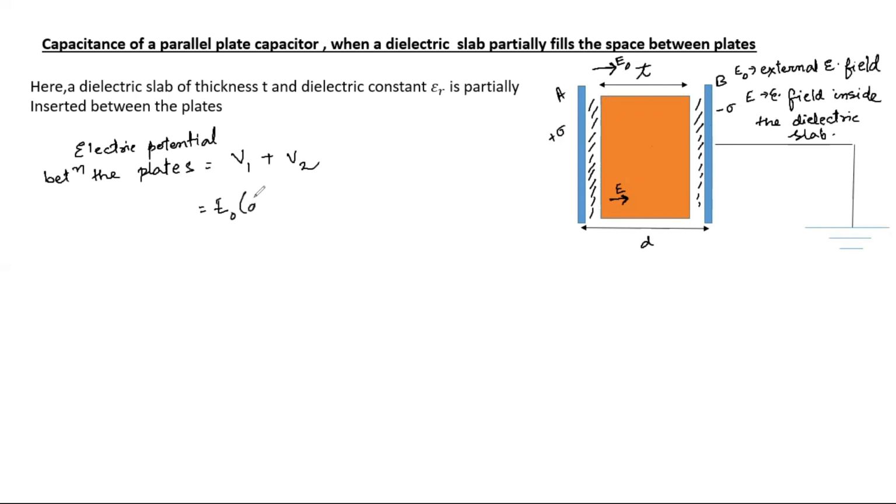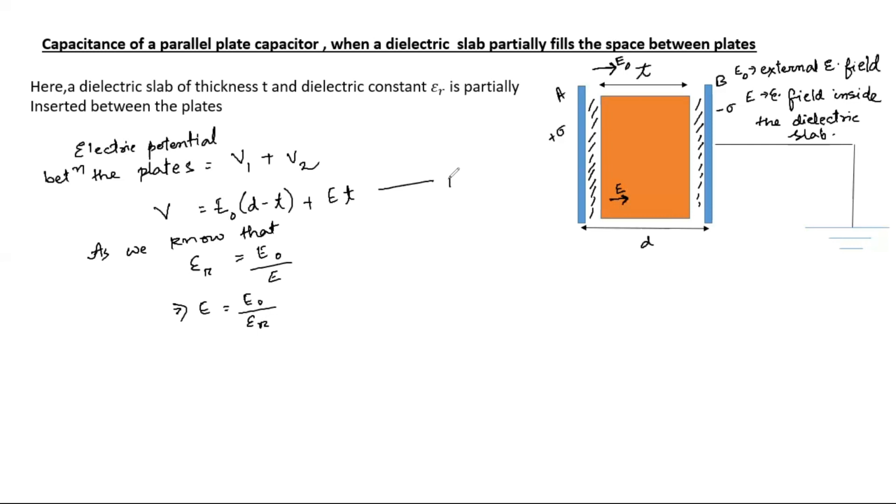So V1 is E naught multiplied by (d minus t). The electric potential V2 is due to the electric field E, experienced in the space t, so that is E times t. This is my net potential. Now, the dielectric constant of this dielectric slab is nothing but the electric field in vacuum to the electric field in medium. In that way we can express the electric field in the medium using the dielectric constant. Let's call this equation 1.